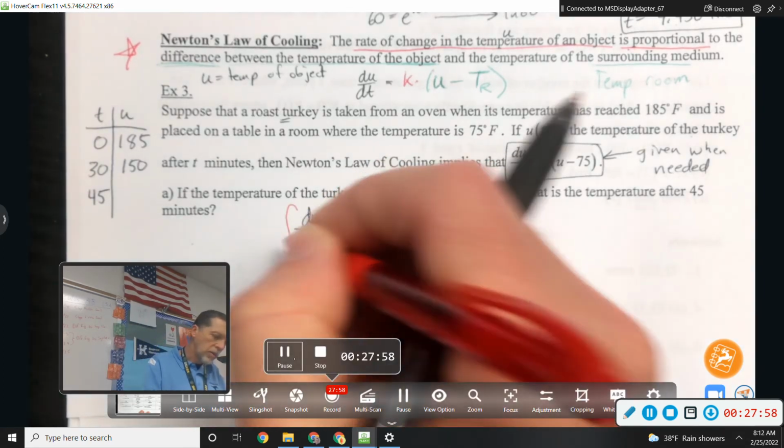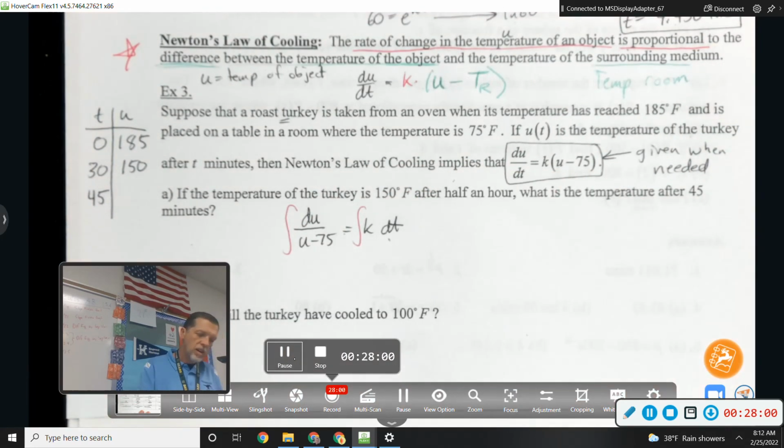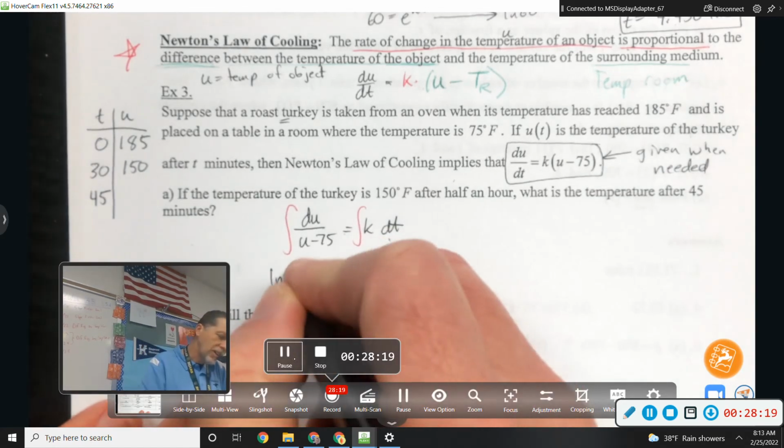Integrate both sides. Are you okay if I don't do a U substitution and recognize right away what's going on on the left-hand side? Do you know what du over u minus 75 is going to be? Natural log of u minus 75.